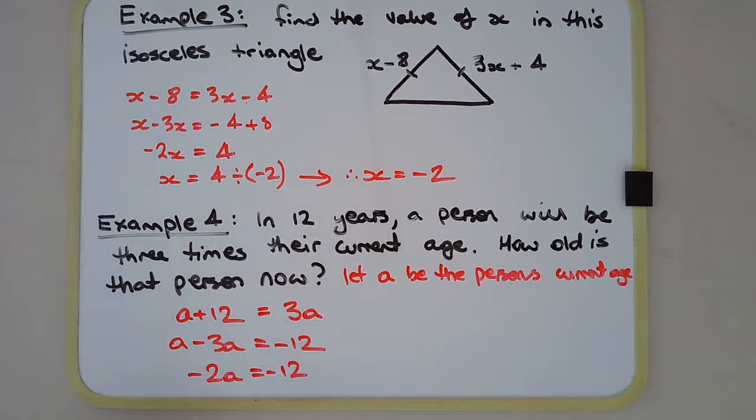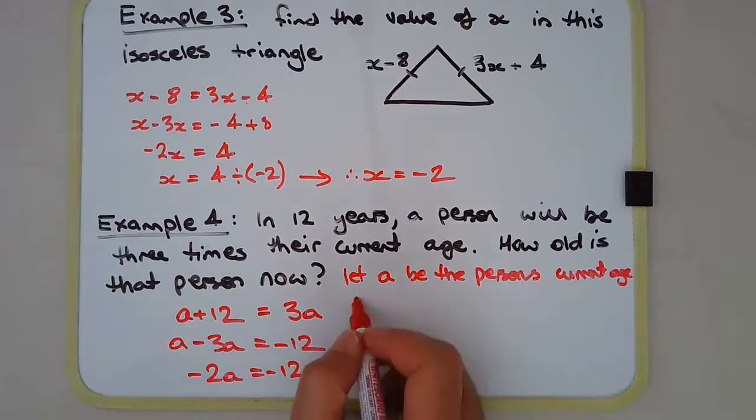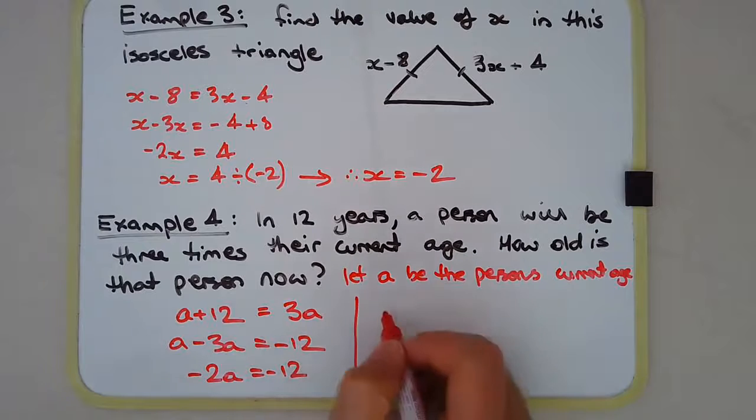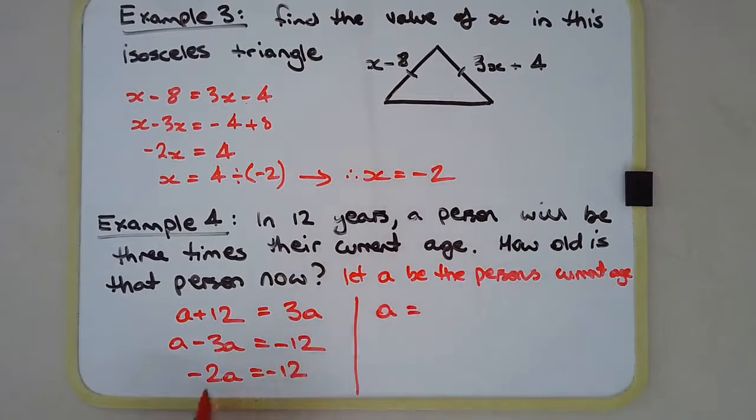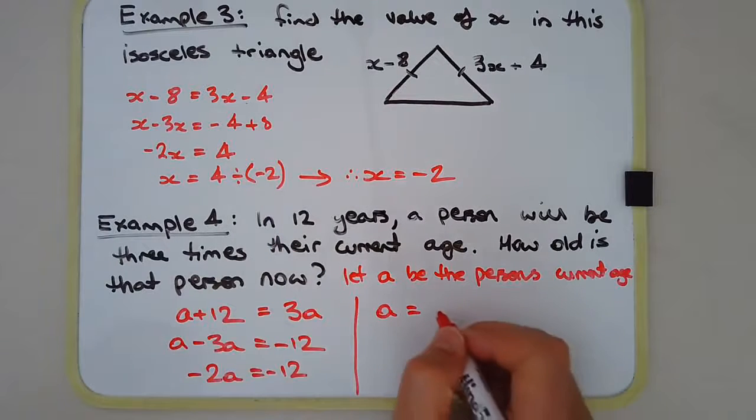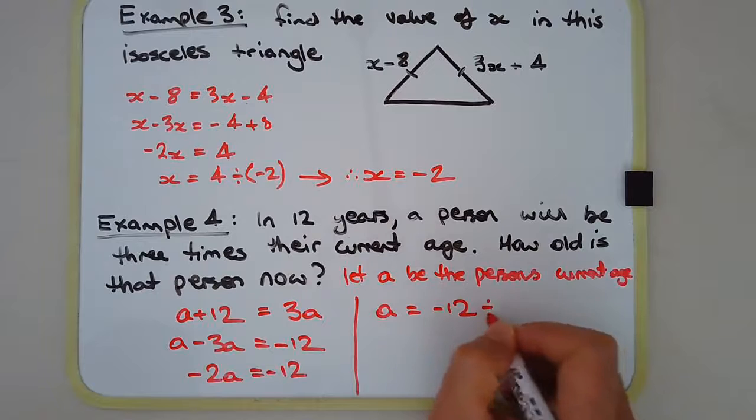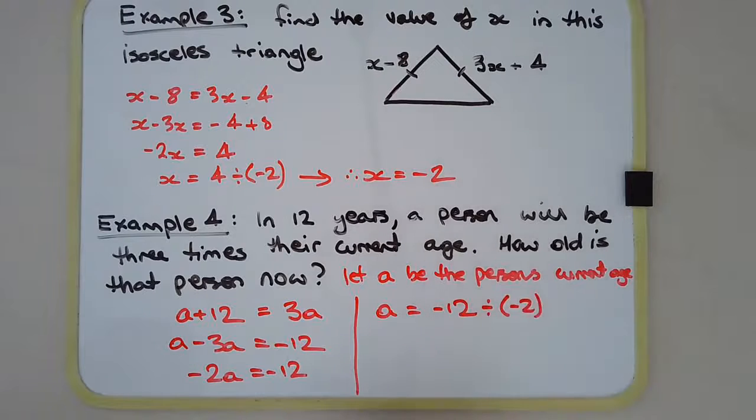Hopefully you're okay with that. Then we're going to move this multiplication by negative 2 over, and it's going to become a division by negative 2. Same basic idea as this problem here. So negative 12, divide that by negative 2. And negative 12 divided by negative 2 is equal to 6.